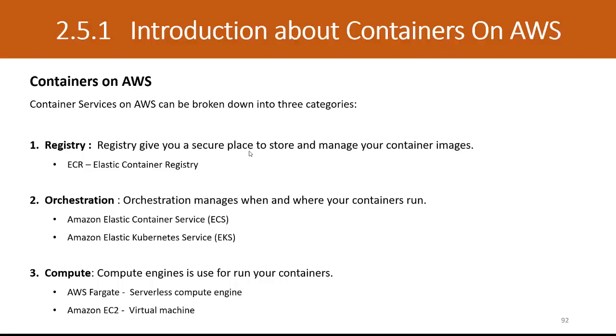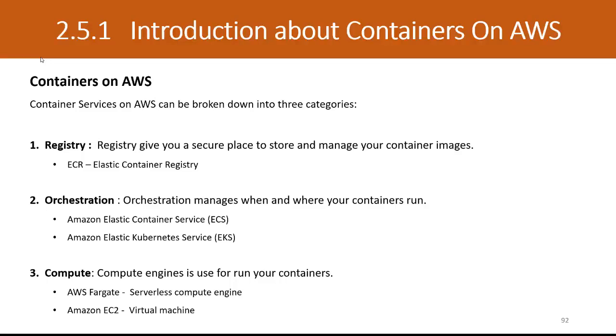You can use Docker Hub or any public or private repository, but AWS also provides a container registry where you can place your images in either public or private mode. So it's basically storage for your public or private Docker images. The service name of this storage is called Elastic Container Registry.